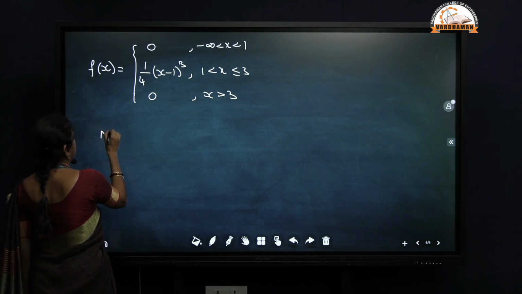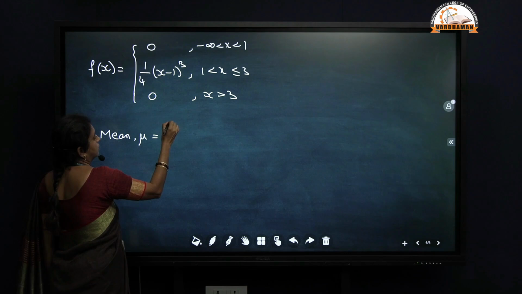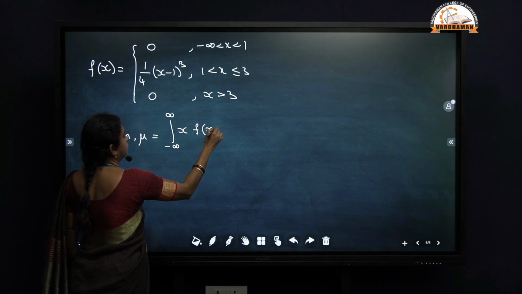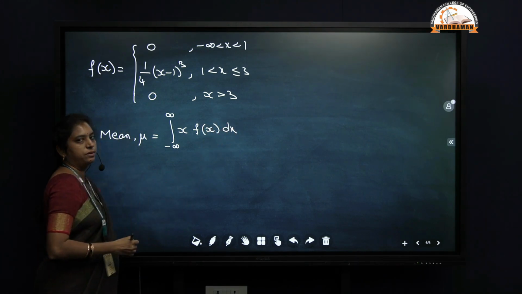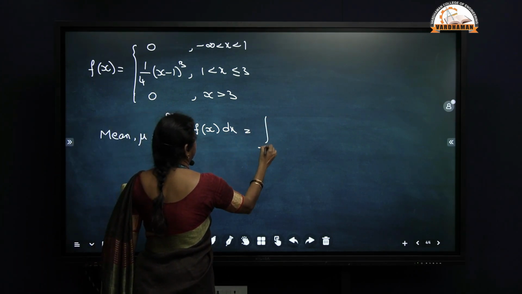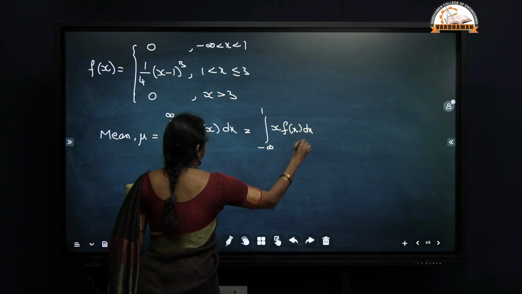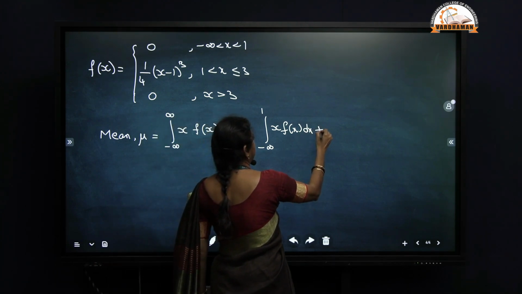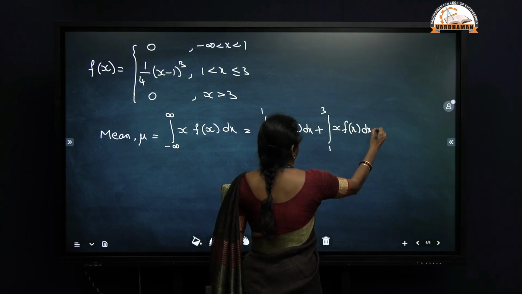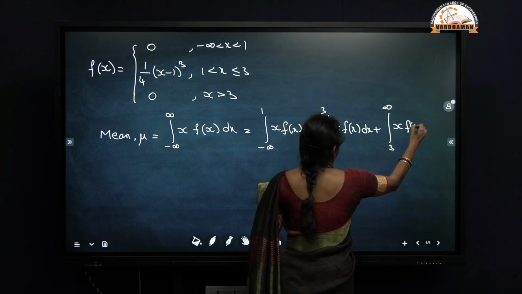So, the mean is given by the integral of x f(x) dx between limits minus infinity to infinity. Again, we will define this function: from minus infinity to 1 of x f(x) dx, plus from 1 to 3 of x f(x) dx, plus from 3 to infinity of x f(x) dx.